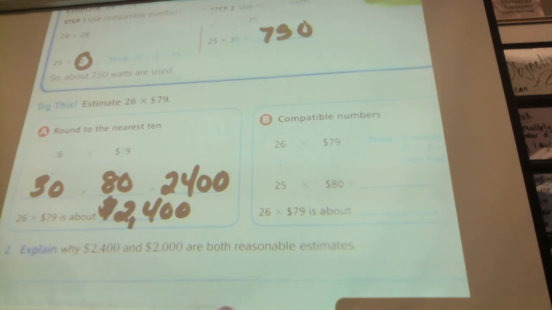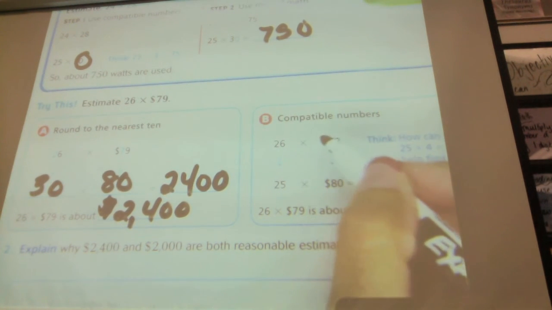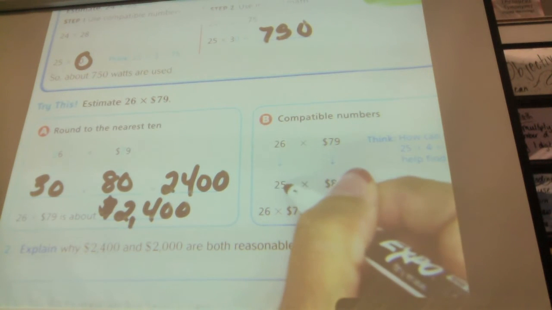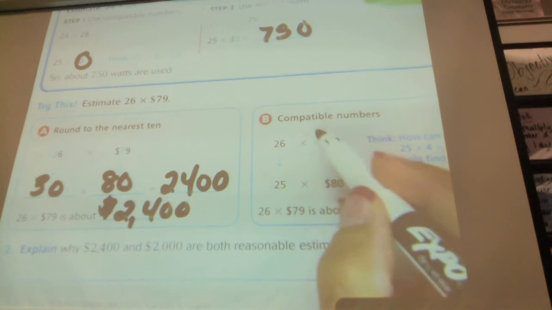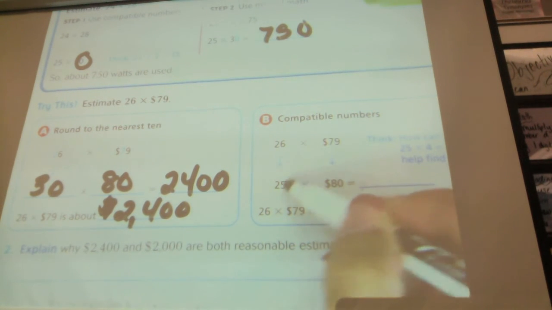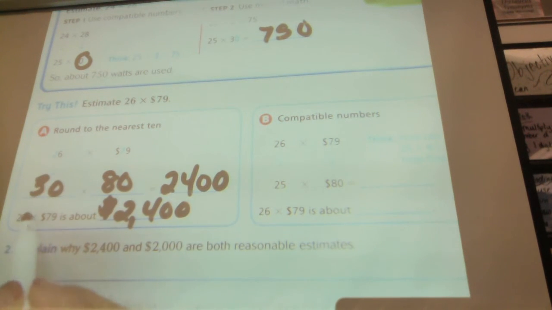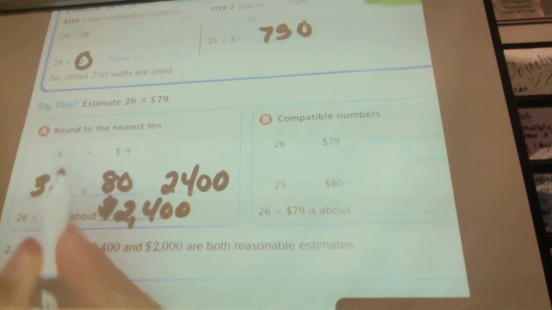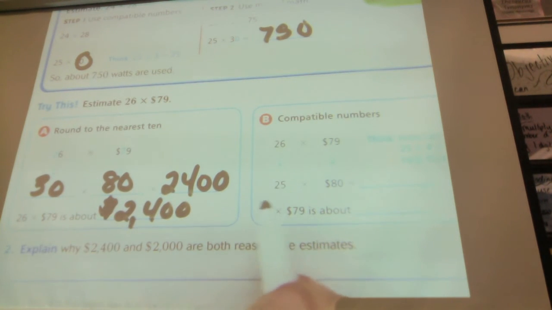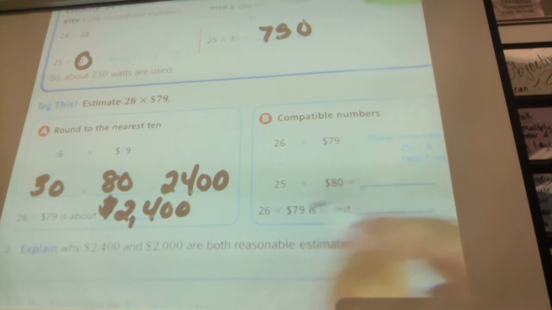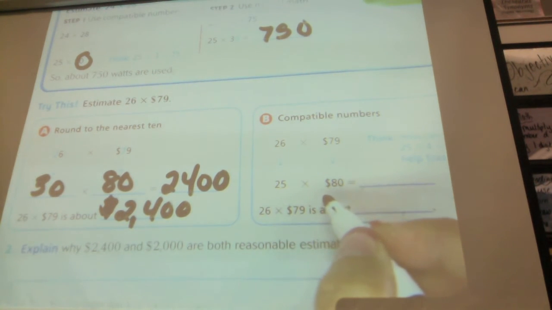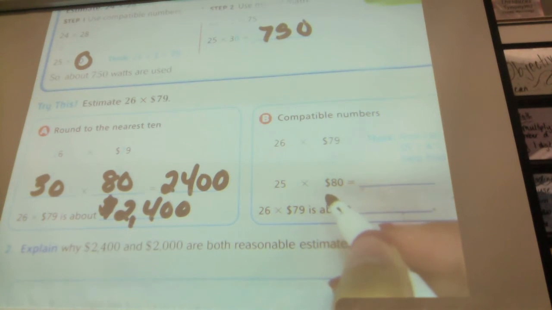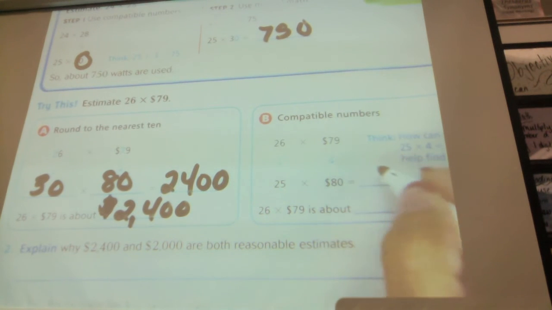Okay? We can also estimate using compatible numbers and rounding the 26 to 25. This will be an even closer estimate because it's only 1 away from 25, where this one's actually 4 away from 30. Do you see the difference there? This is 4 away from it. This is only 1, so this will be a closer estimate. So 25 times 80, and we know that we think 25 times 8 is like $2. 25 cents times 8 quarters is about $2, or is $2.